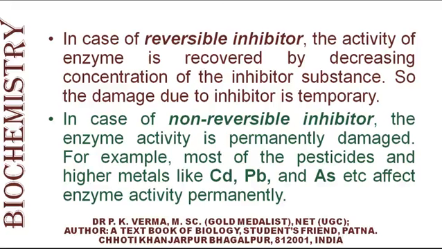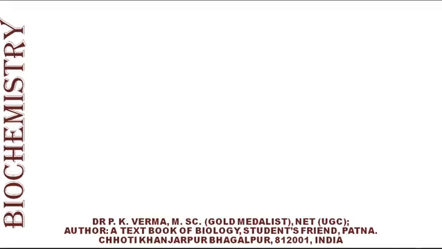In case of non-reversible inhibitor, the enzyme activity is permanently damaged because the inhibitor binds the enzyme permanently. For example, most of the pesticides and heavy metals like cadmium, lead and arsenic, etc. affect enzyme activity permanently.